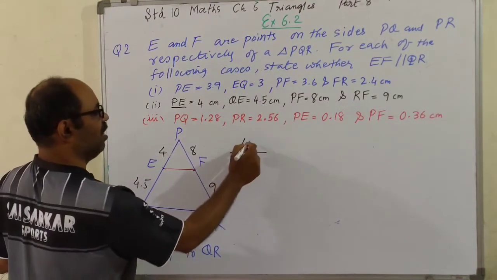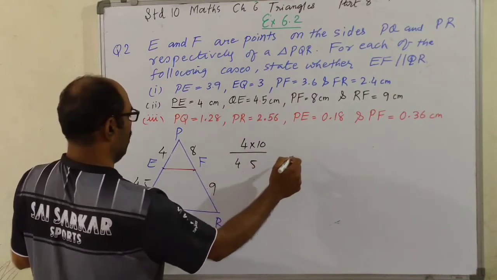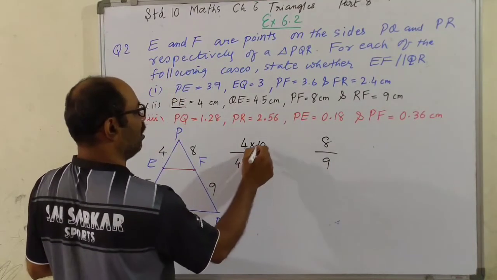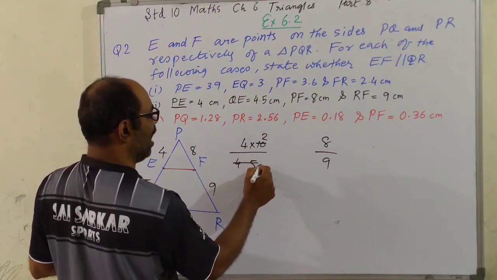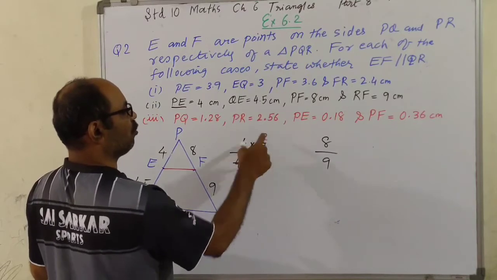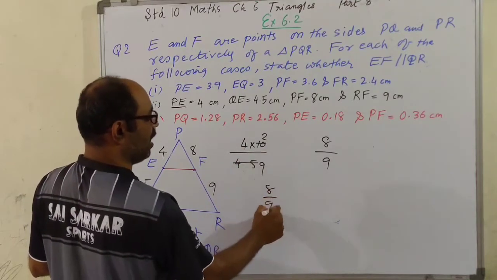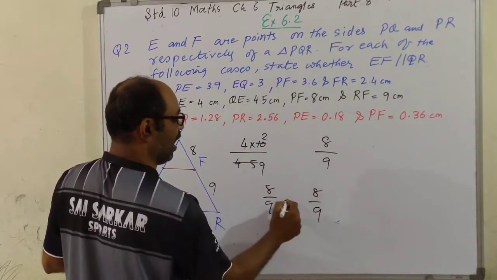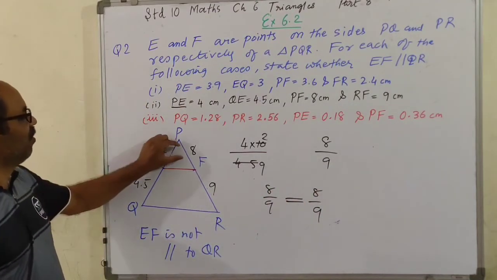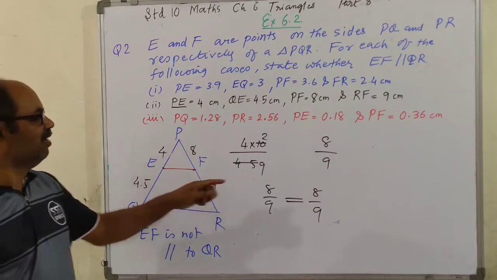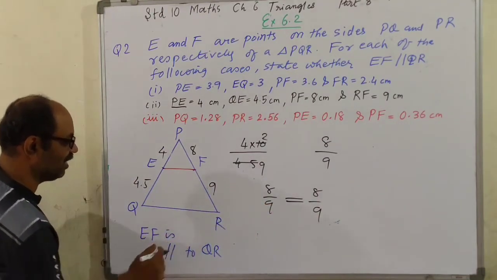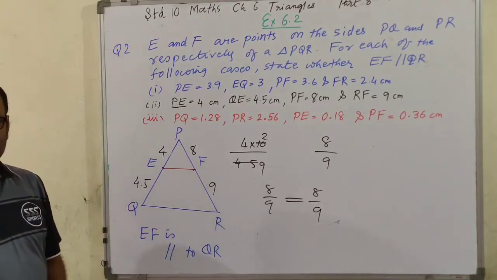If I remove the decimal, upon 10, correct? And next to it let me write 8 upon 9. Now this is 5 twos are 10, 5 nines are 45, correct? 4 twos are 8 upon 9, and here also 8 upon 9. They are equal. So here PE upon EQ is equal to PF upon FR. Therefore, here EF in the second case is parallel to QR.